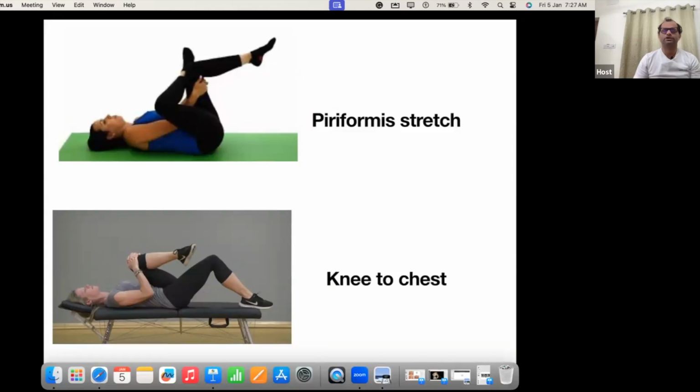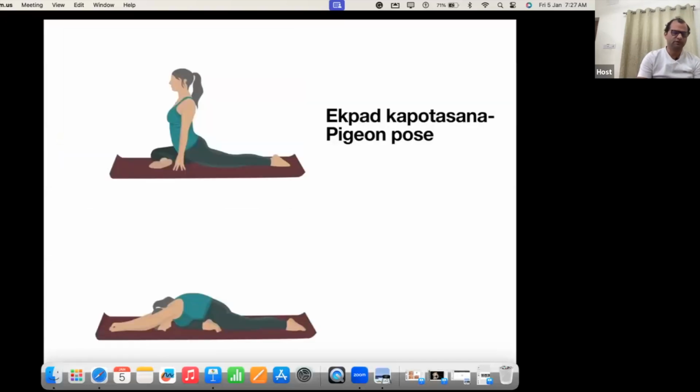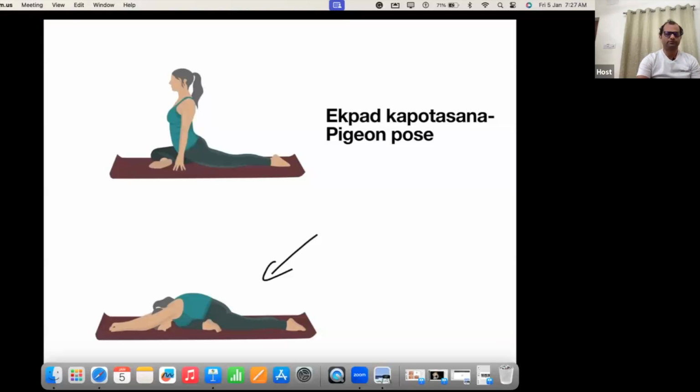And the lower one is the knee to chest. It is like our Pavan Muktasana, knee to chest. We have done that. This is the pigeon pose. This is the advanced version of the pigeon pose. We can also lean our head downward.